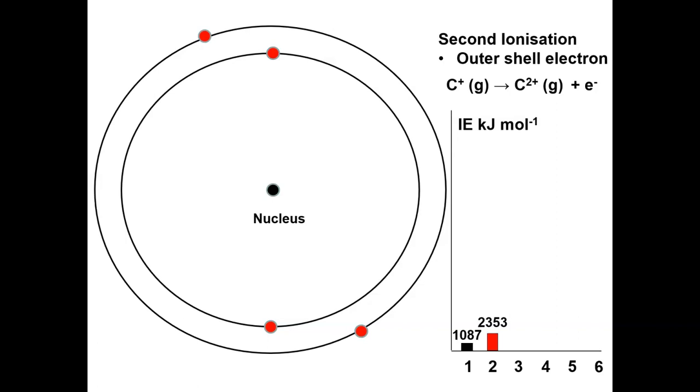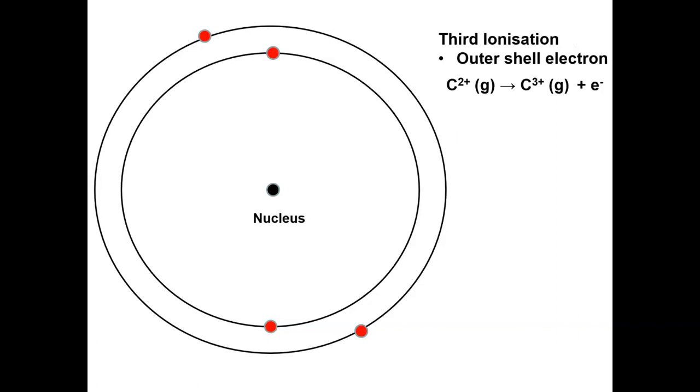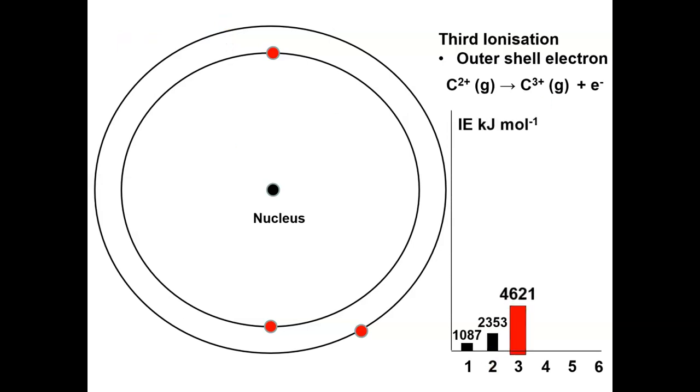So let's ionize a third time. Here we go. As you can see, C2+ gas has now become C3+ gas, and the ionization energy has approximately doubled. And it's done that 3 times, from 1,000 to 2,000, 2,000 to 4,000. So it's gradually increasing in a nice, reasonable fashion. And we have now got to C3+ by ionizing it a third time.